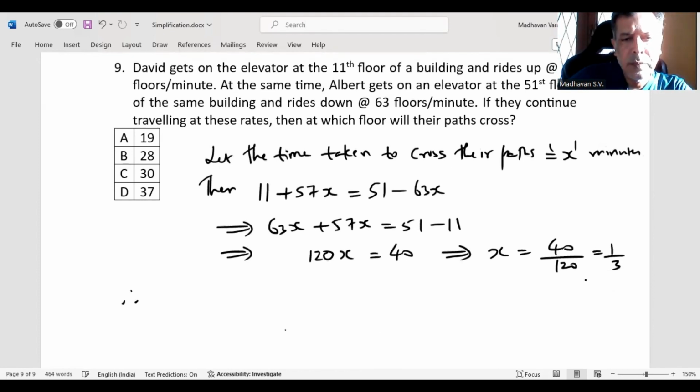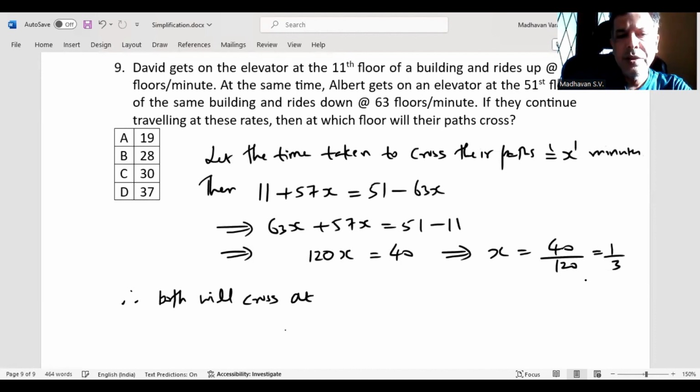Therefore, both will cross at which floor? So either I can choose the left-hand side or the right-hand side to find out the floor. 11 plus 57 into 1 by 3, that is 11 plus 19.